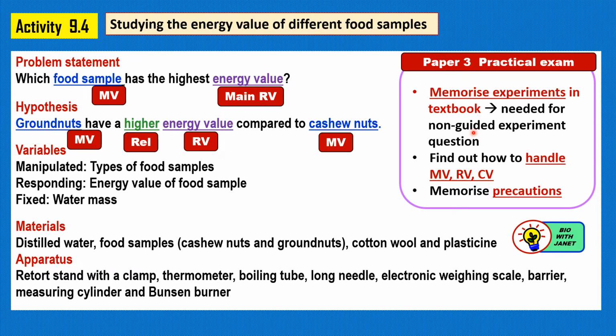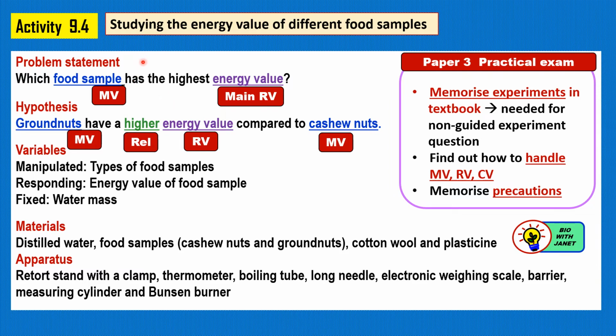So you need to know the procedures from the textbook, and then find out how to handle the MV, RV, and CV, and then memorize the precautions. But if you are fortunate, some experiments are guided. It depends on the question.